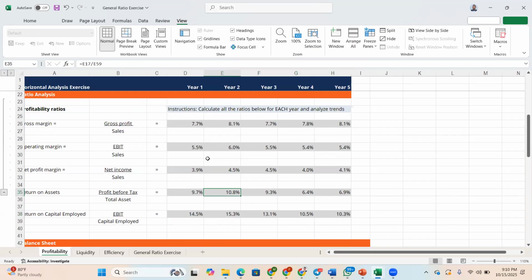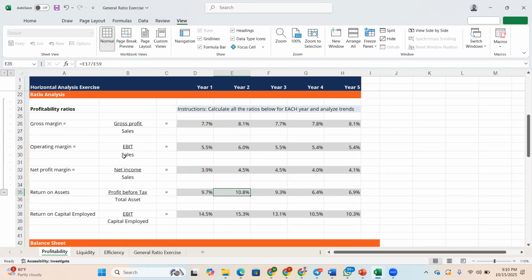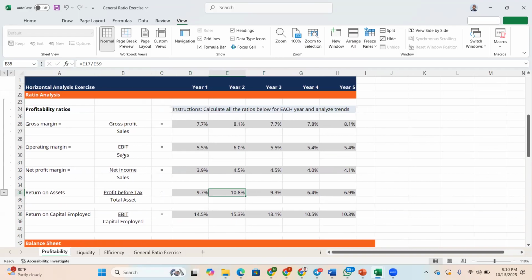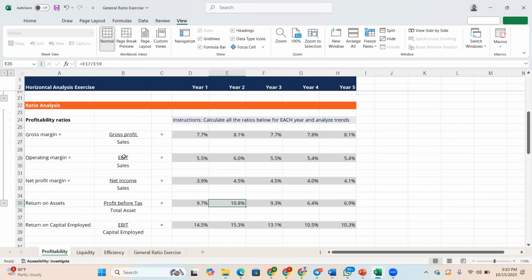Now, after we've done the other two ratios, which year did the company achieve high profitability? Let's look at it again. Still year two. Year two takes the highest return on assets, 10.8. Year two takes the highest return on capital employed.